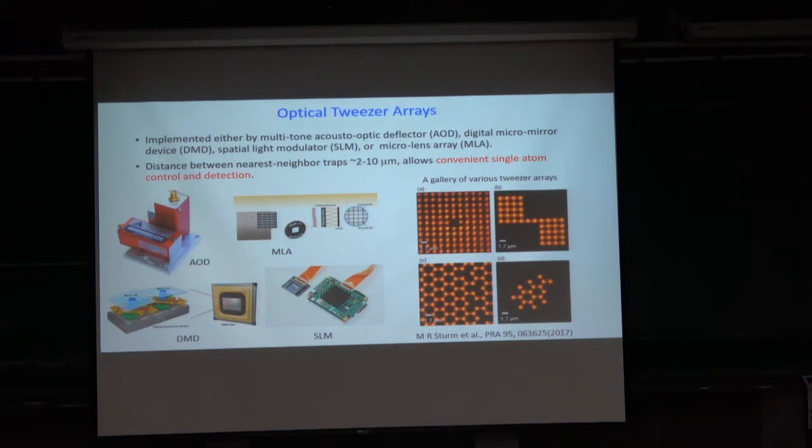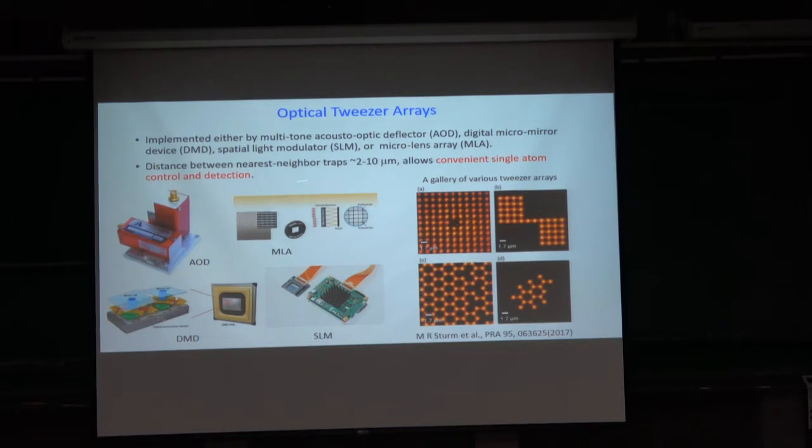DMD device or specialized modulator. Basically, it's a periodical liquid crystal phase modulator or micro lens array. So when you shine a laser into this kind of equipment, then you can form any kind of programmable tweezer arrays like this or this, which allow you to trap atom and then study many body physics.